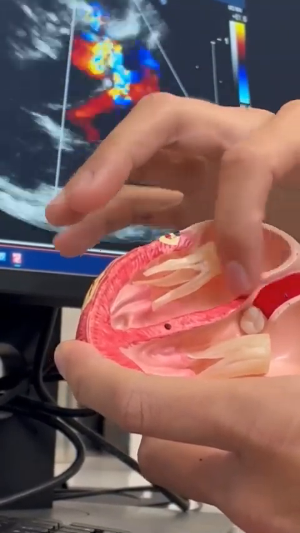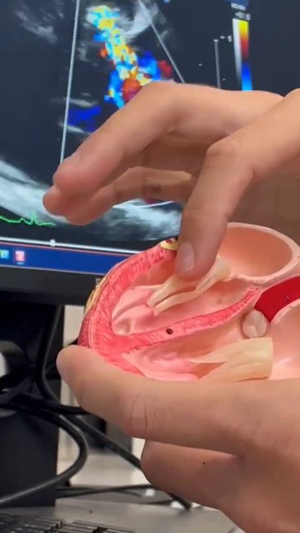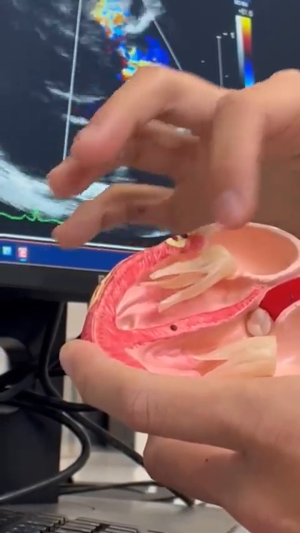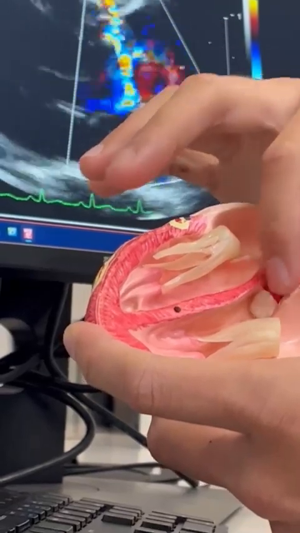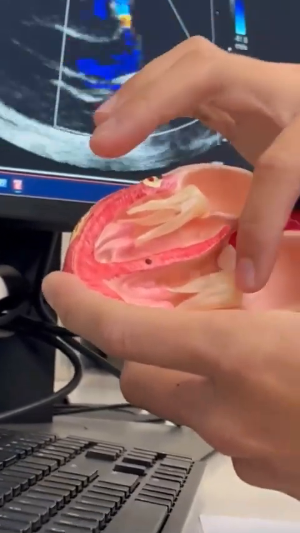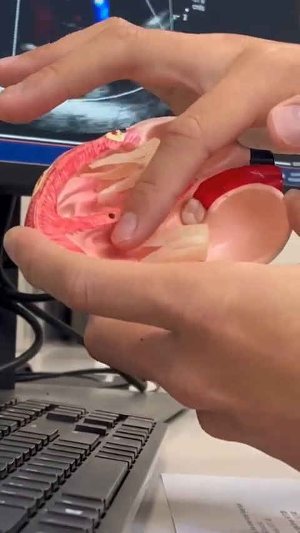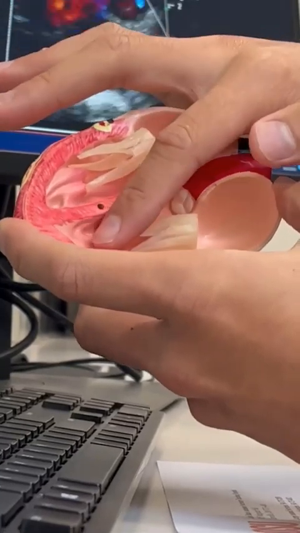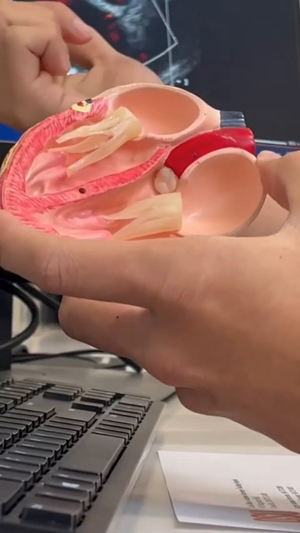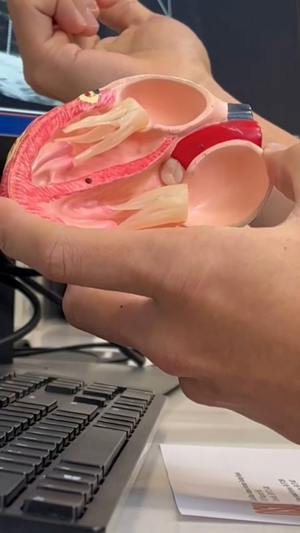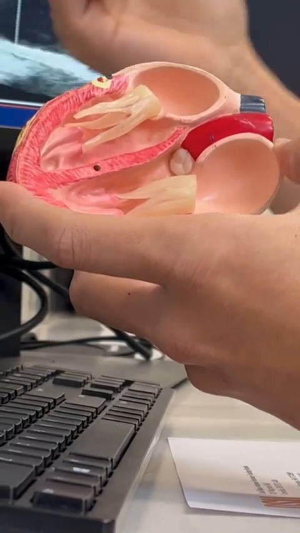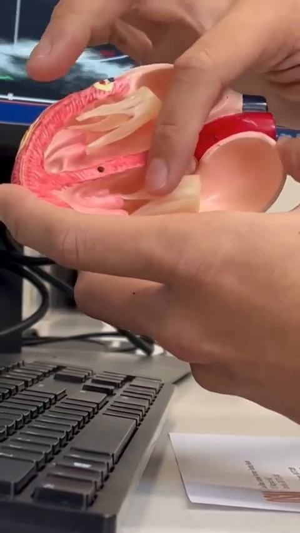Therefore, there's a defect which carries deoxygenated blood to the aorta, which normally should carry oxygenated blood from the left-sided heart to the body system to supply oxygen. Now there's a mixture of oxygenated and deoxygenated blood.